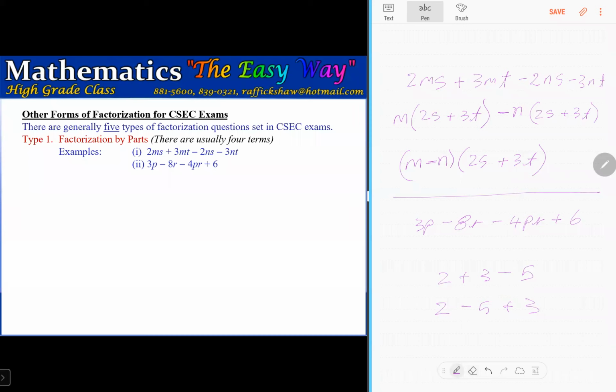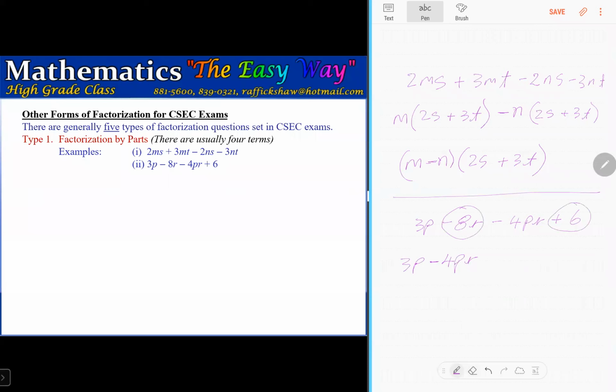I've rearranged it in the expression, but I don't change the sign. The same thing up here. So I'm going to rearrange it and write 3p minus 4pr. And then I need to put these two as next.